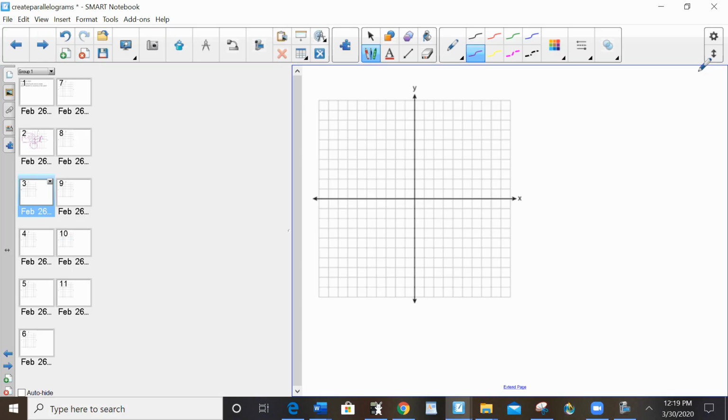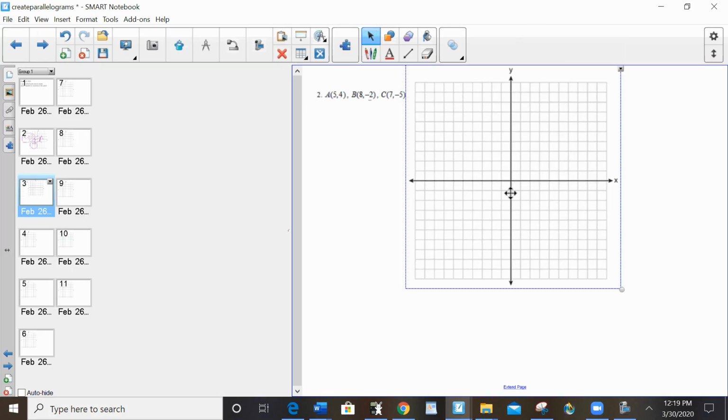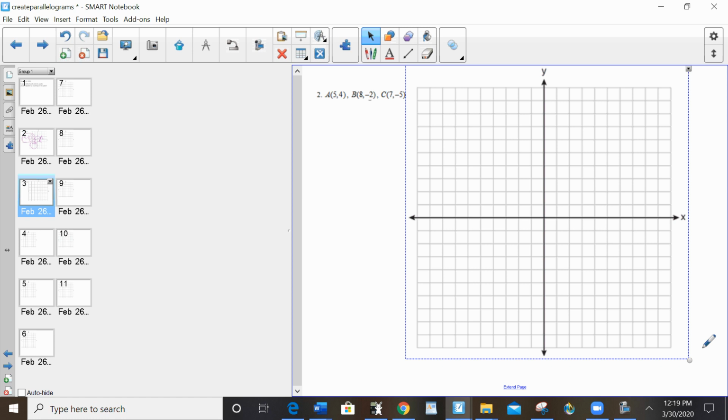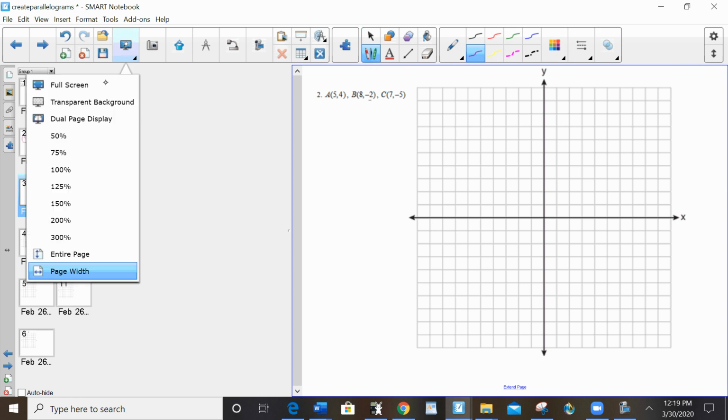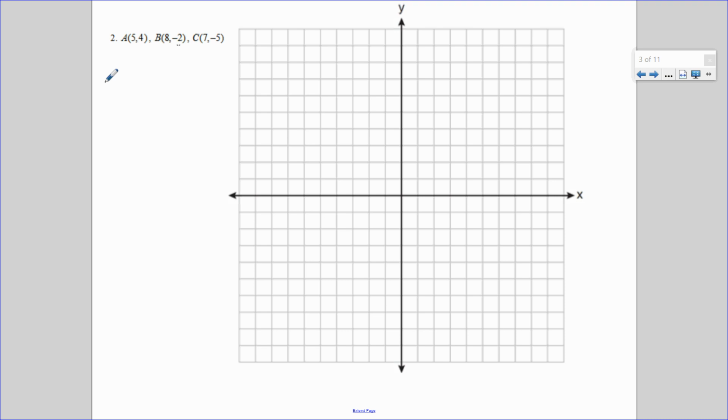Number 2. I've got A is 5, 4. I've got B is 8, negative 2. I got C is 7, negative 5.